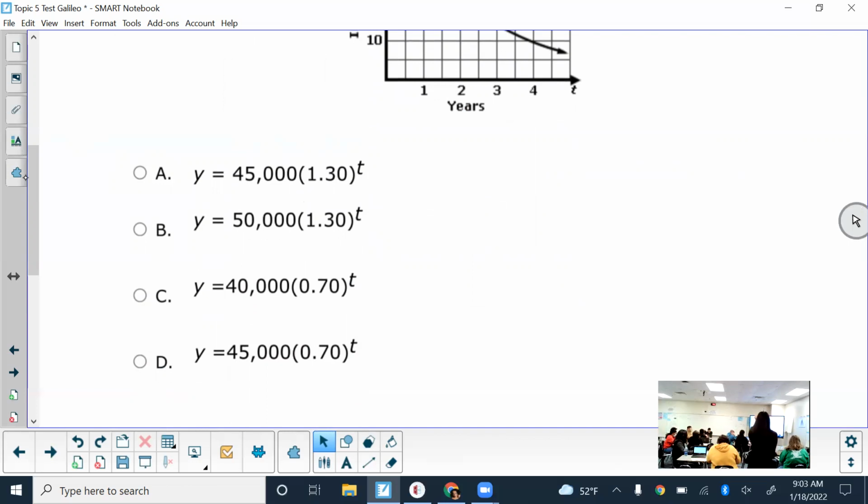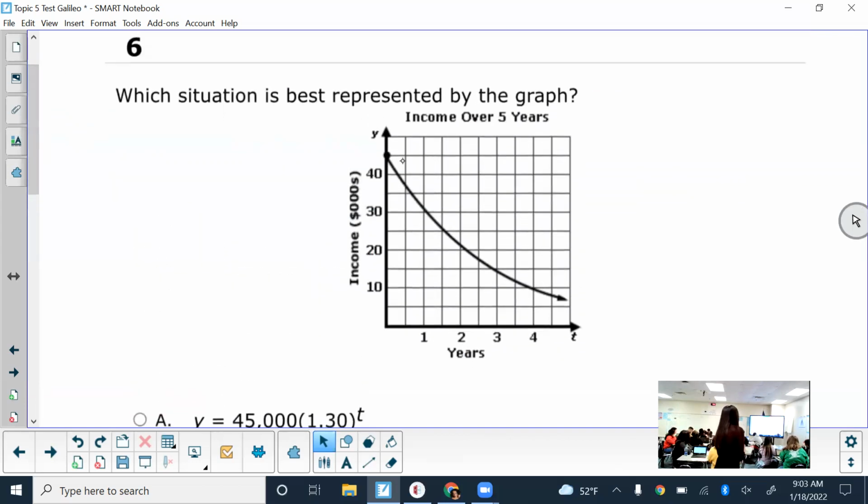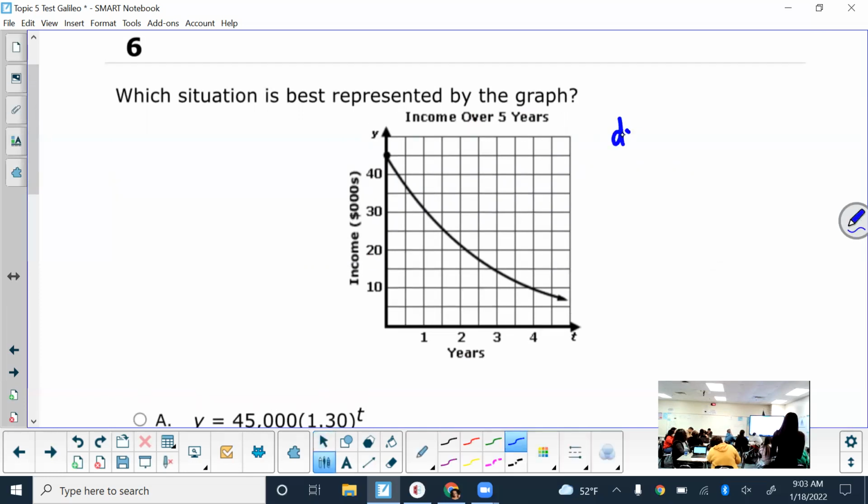It looks like, if you look on the whiteboard, the ones from the 5-2 lesson. So you just have to know which one of those to use. The one for growth or the one for decay? Is this graph growth or decay? Decay. So that means that you use a decay formula, which is the one that has plus or minus? Minus. Because it's decreasing.